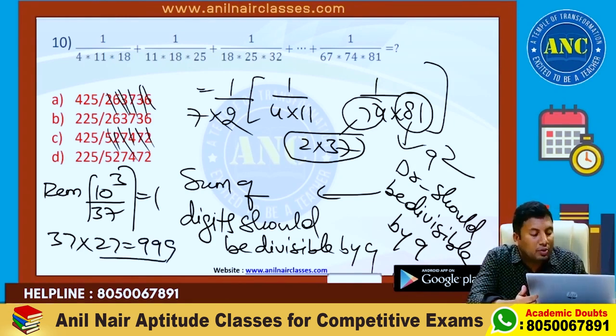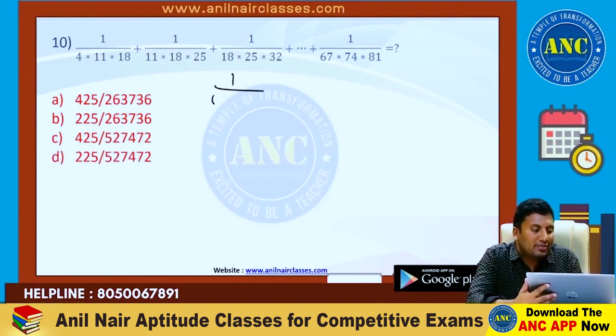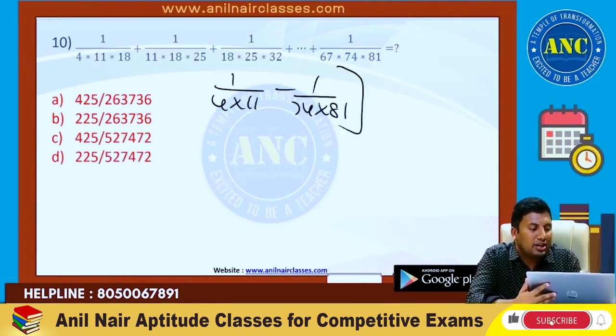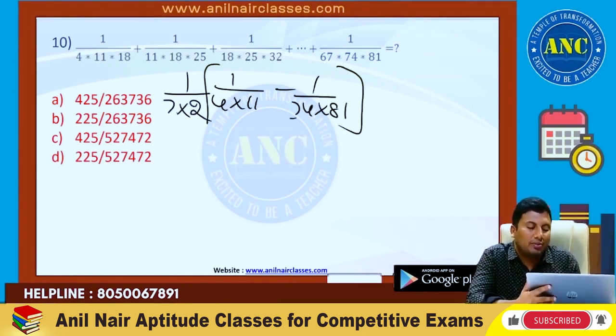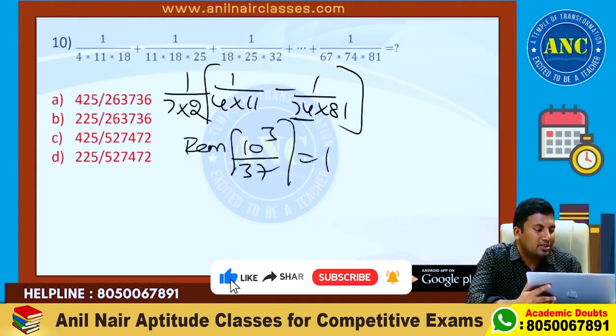So 10 cube divided by 37 is remainder 1. Now listen carefully. What is the answer which I got? 4 into 11 minus 1 by 74 into 81, 1 by 7 into 3 numerical values will become 10. 74 is nothing but 2 into 37. 10 cube divided by 37 is 1.